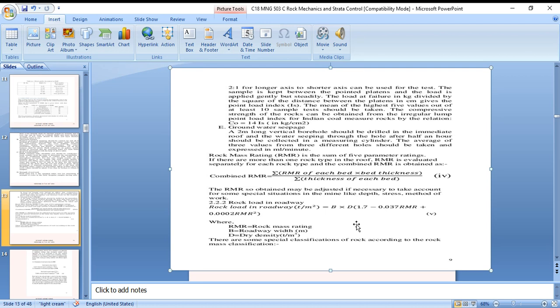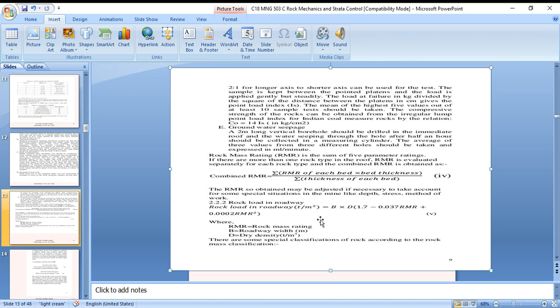Rock load in the roadway, in tonnes per meter square, is given by 1.7 minus 0.07 RMR, plus the value of the rock load in the roadway calculation.